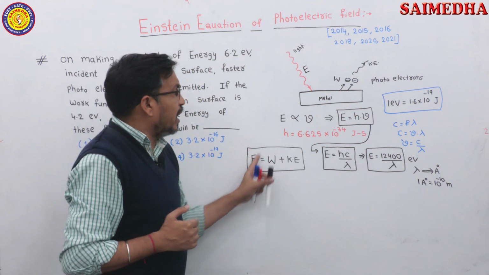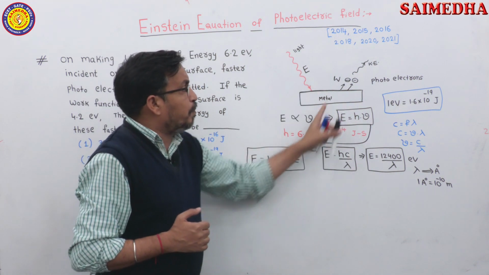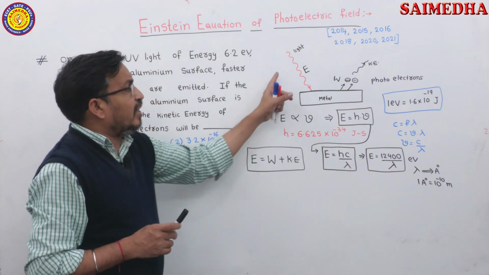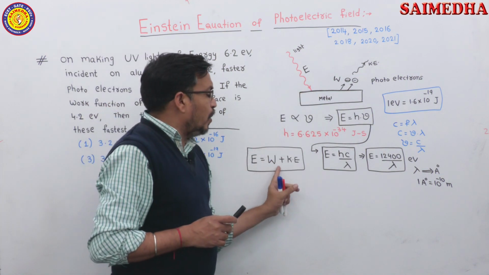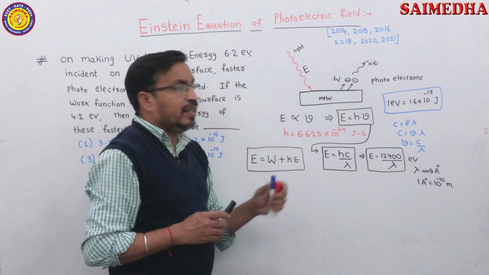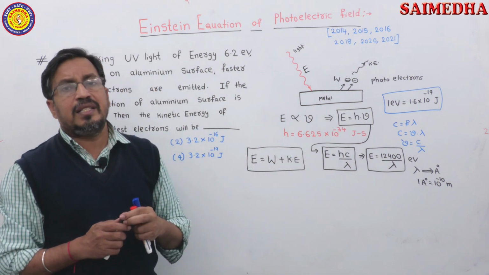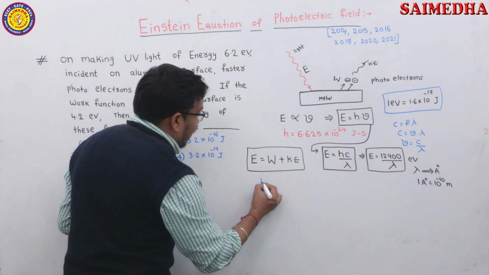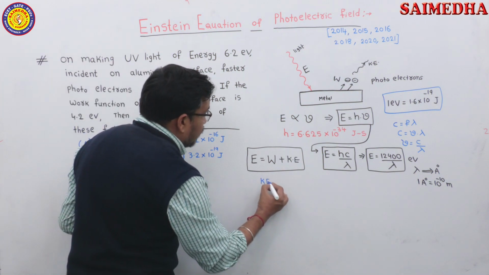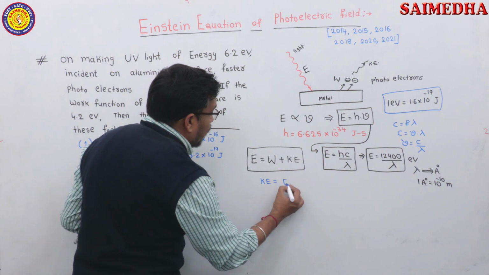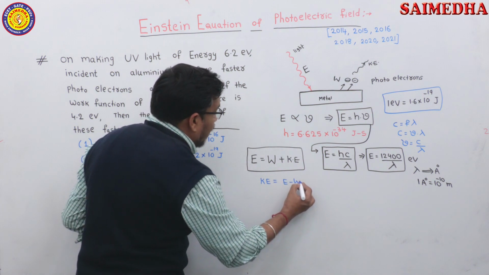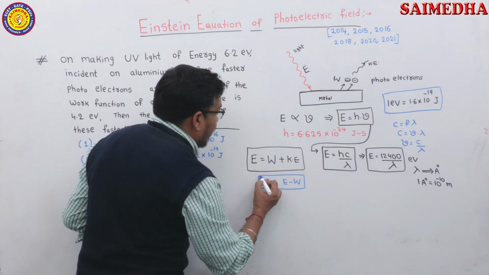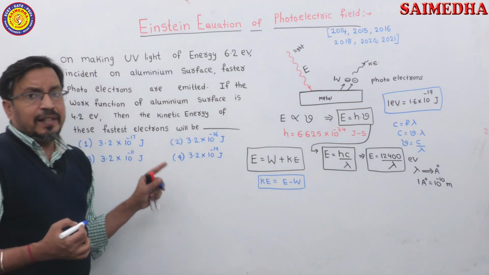So E equals W plus KE. What is E? Energy of incident light. What is W? Work function. And K is kinetic energy. So here kinetic energy KE equals E minus W.